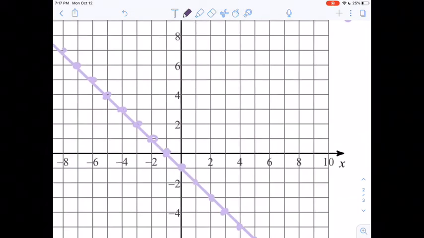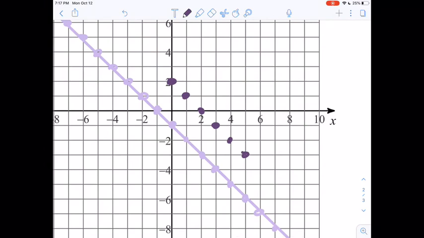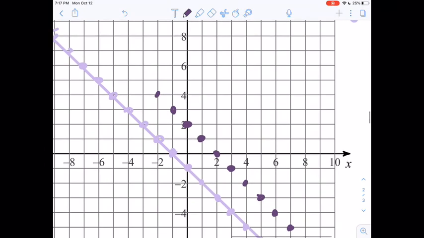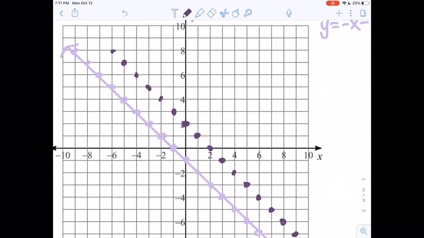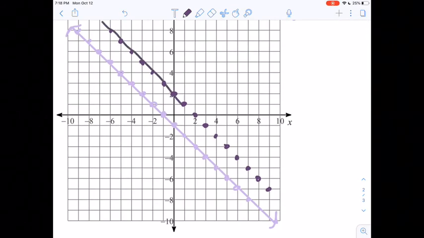So my starting point is 2. My slope is negative 1. Okay, connect your points. Oop. Why is this not working for me?